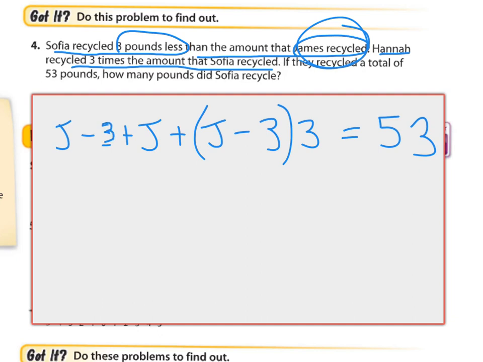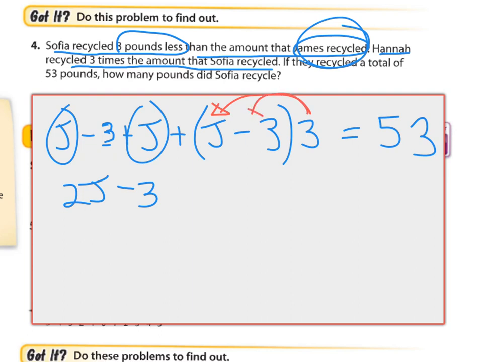So let's just solve a little bit. I have a j here and a j here, so I know I have 2 j's minus 3, and then I will do distributive property with Hannah's so that I have my 3j, 3 times j, and my 3 times 3 right there. So that would be plus 3j minus 9, right, equals 53.